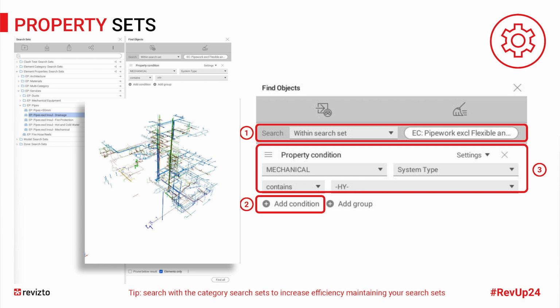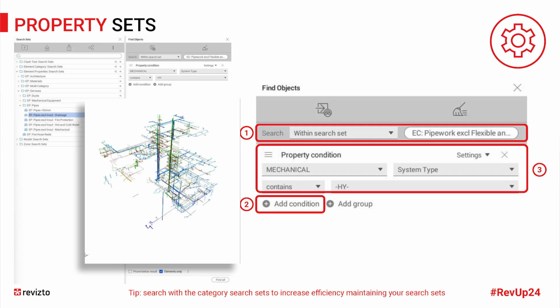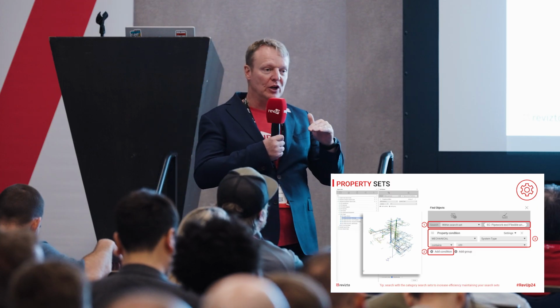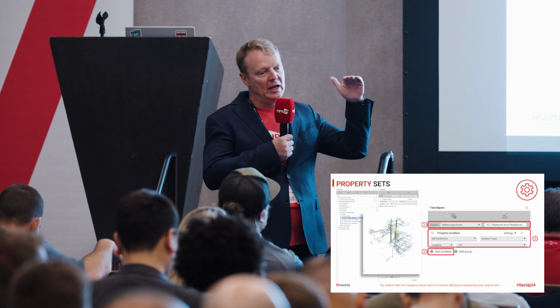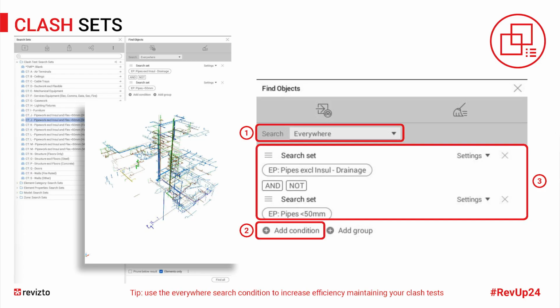Then taking it one step further, this is searching for hydraulic pipe work inside that. So you can see at the top, it's referencing the category search set. So they're cascading between themselves, and then it's looking for a specific parameter, the system type. In this example, HY for hydraulics, and that allows you to get that kind of granular clash results depending on whether it's a system type, a category within the project or the model itself.